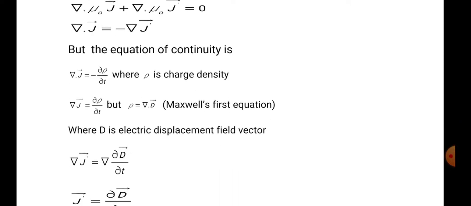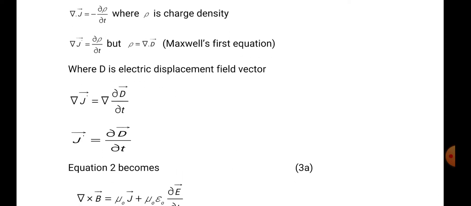But according to Maxwell's first equation, the charge density is equal to the divergence of electric displacement. From this we can easily write del dot J dash bar is equal to the divergence of del D by del t.